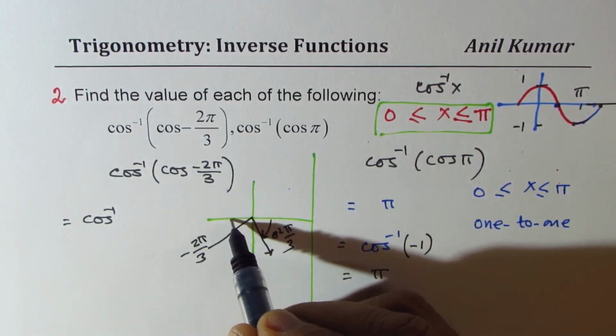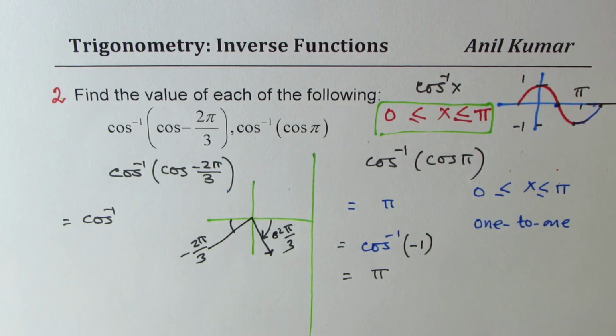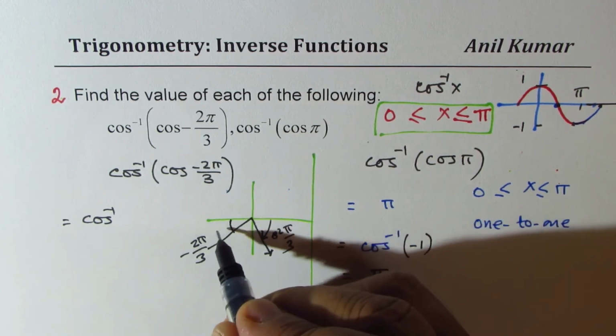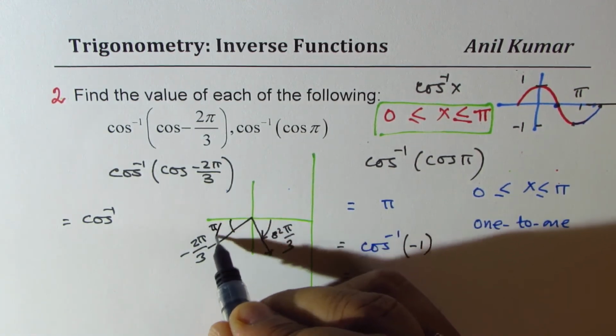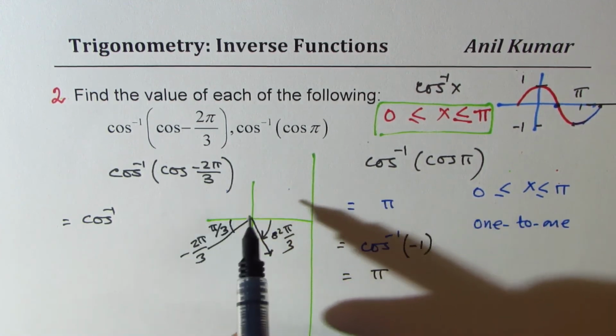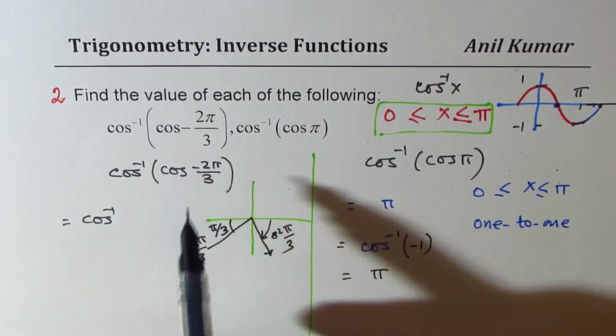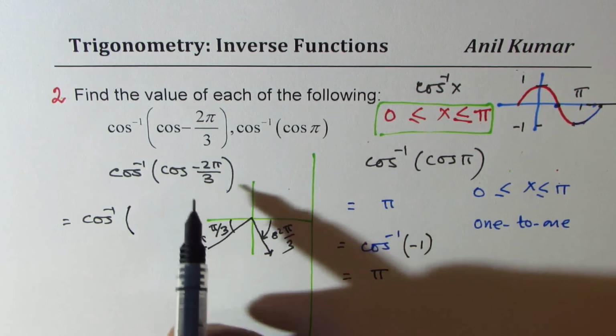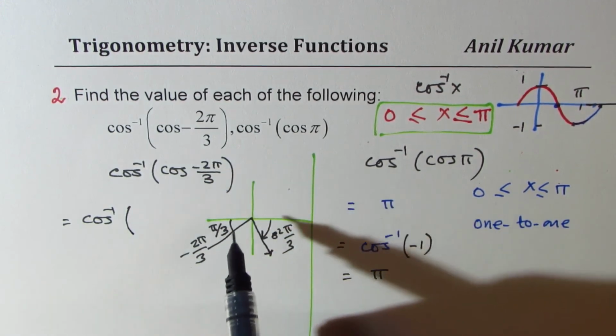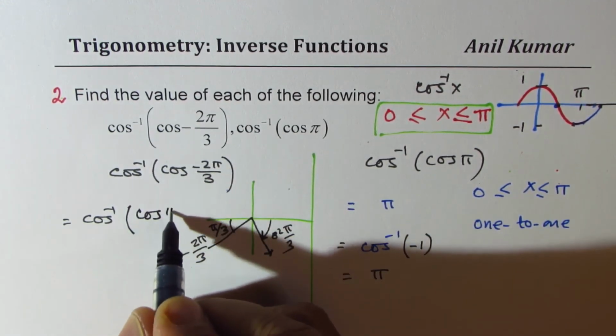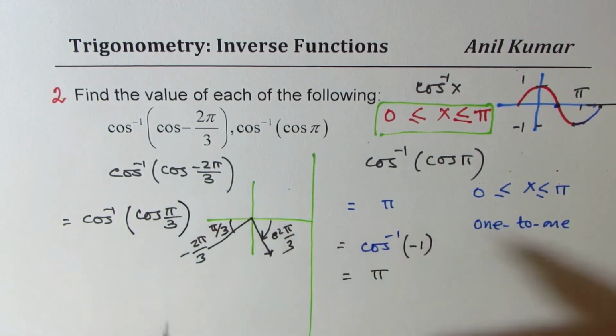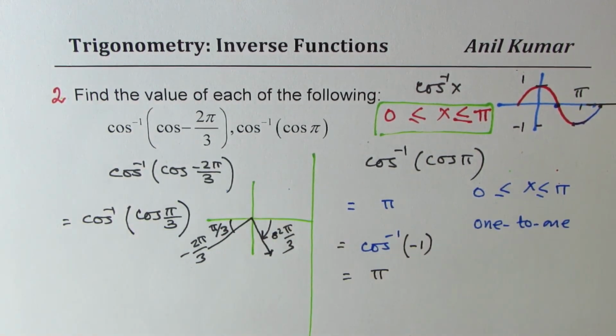Correct? So the acute angle is pi by 3, correct? So the acute angle is pi by 3. So we could write cos of minus 2 pi by 3 as cos of pi by 3. Now this value is negative, correct?